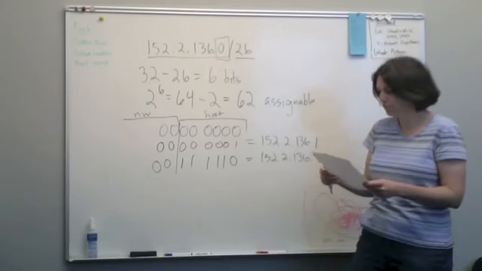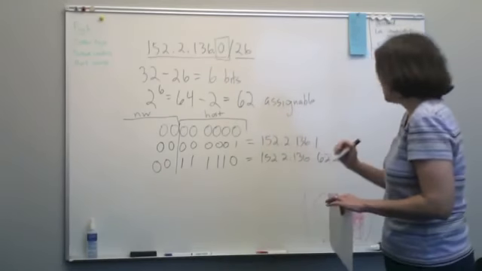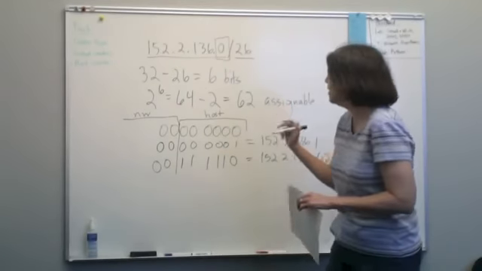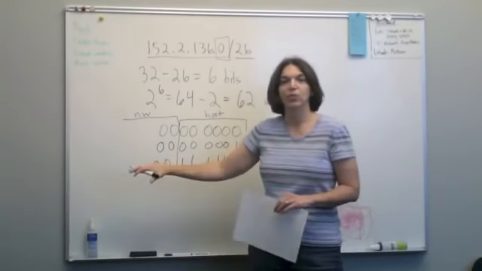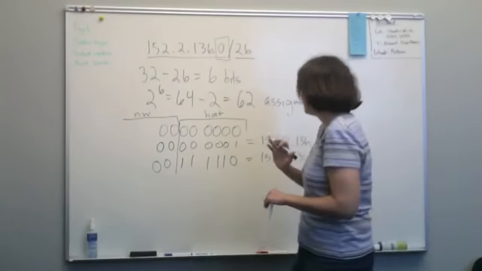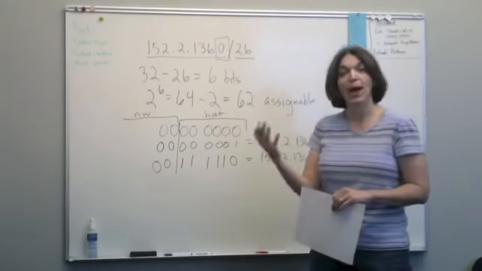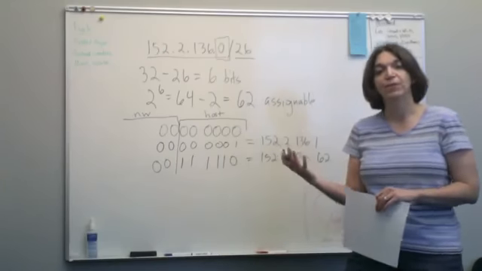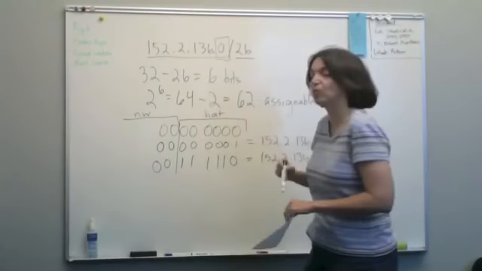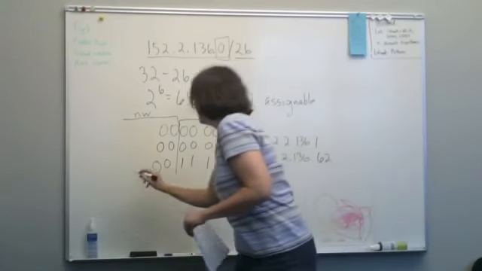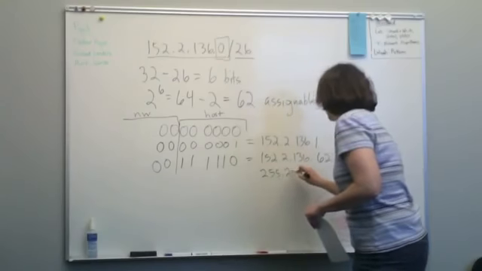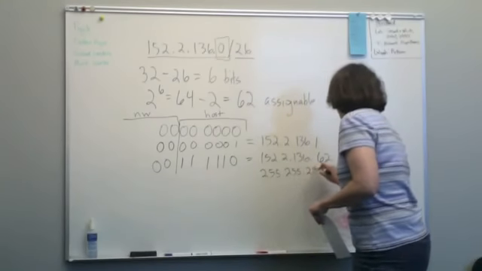Okay, so how do we figure out what the net mask is now? The net mask is where we take all of the network bits and make them 1, and all of the host bits we make 0. So 8 ones is 255. We know that these 3 octets are all part of the network part, so we have 255.255.255.